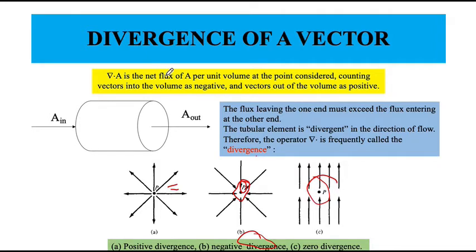Divergence of a vector is nothing else but counting vector into the volume as negative or vector out of the volume as positive. So this is my positive, this is my negative. So this represents my divergence.